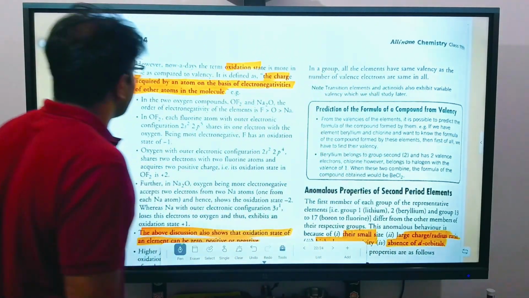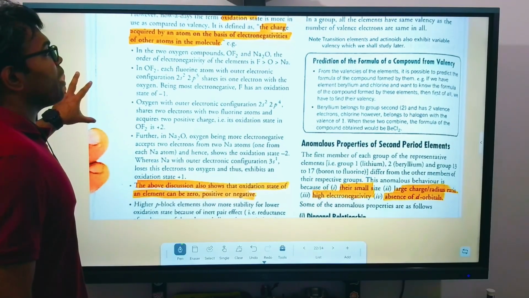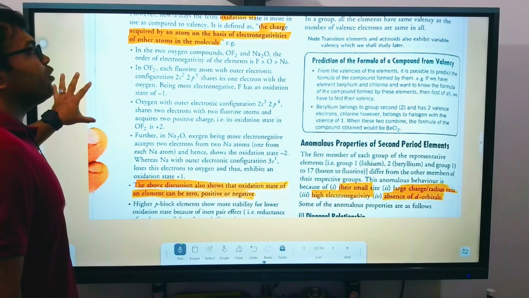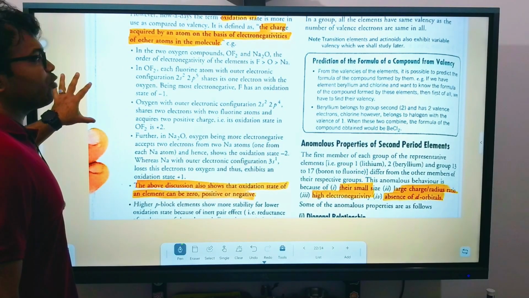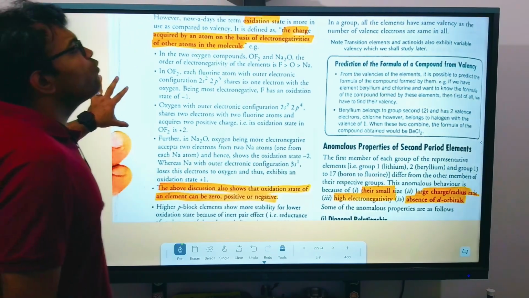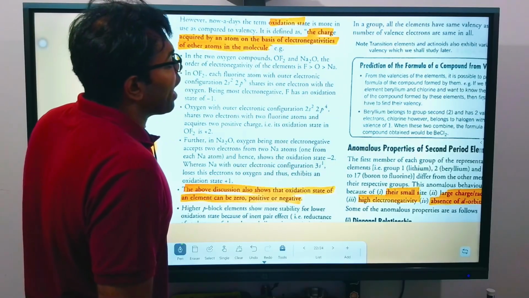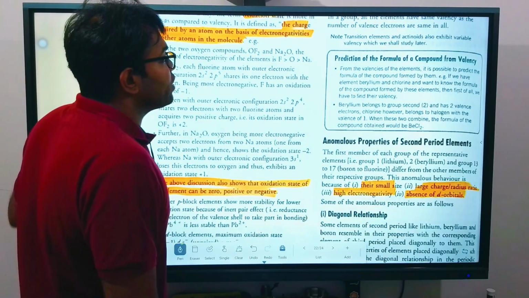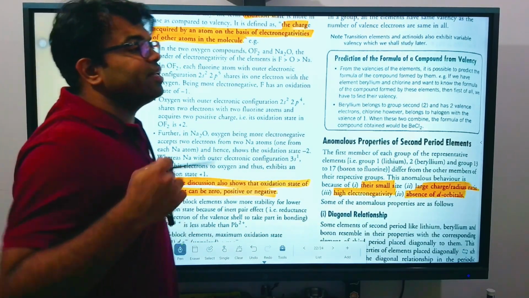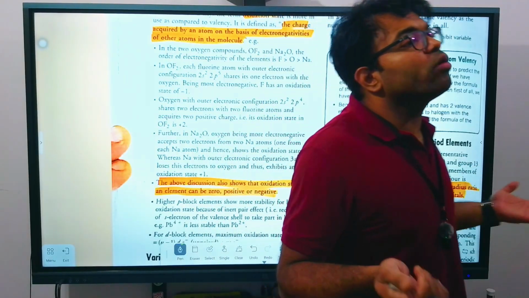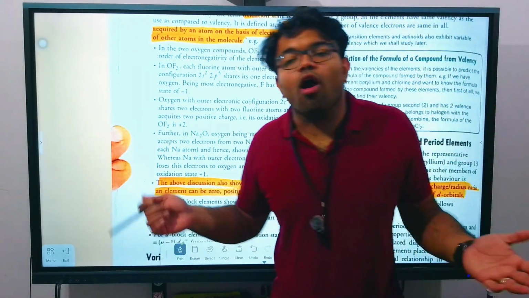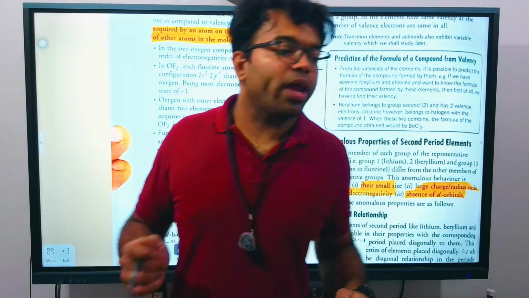Okay, let's move on. Now, in the two oxygen compounds OF2 and Na2O, the order of electronegativity of elements is fluorine has a greater electronegativity compared to oxygen, which has a greater electronegativity compared to that of sodium. Now, see, whoever is the more electronegative element will obviously become the anion, right?